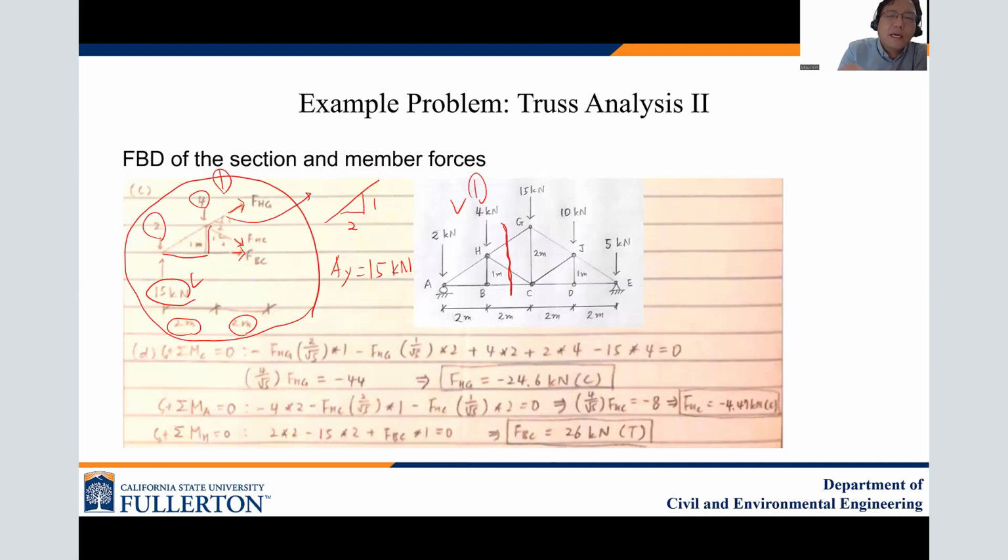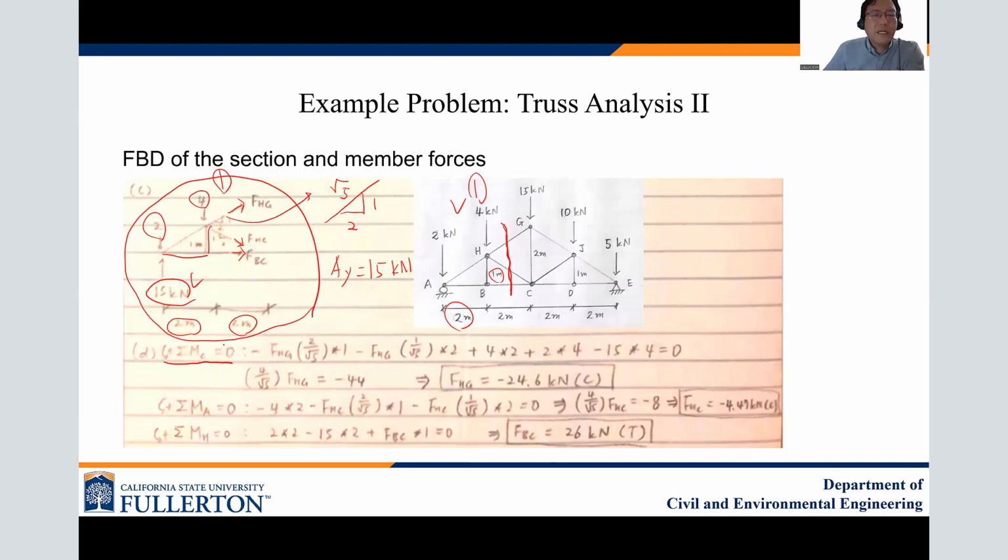Once again, this is 2 meters and this is 1 meter, so this one is the square root of 5. So now we can find the member forces, sigma MC equals 0.